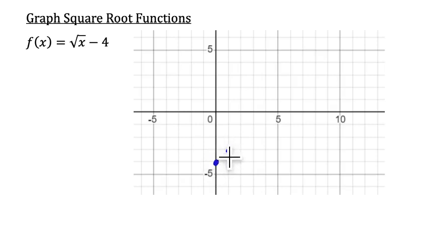The next perfect square is 4, and the square root of 4 is 2, so when we move over 4, we go up 2. And when we go over 9, we go up 3. Notice we do not have a straight line here. It is definitely a curve. And there's our graph of y equals the square root of x minus 4.